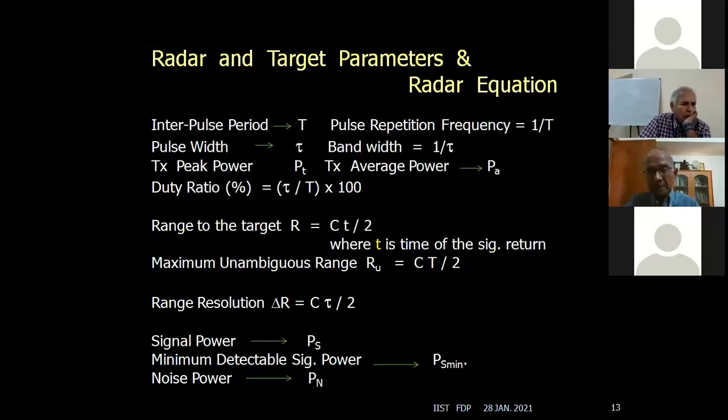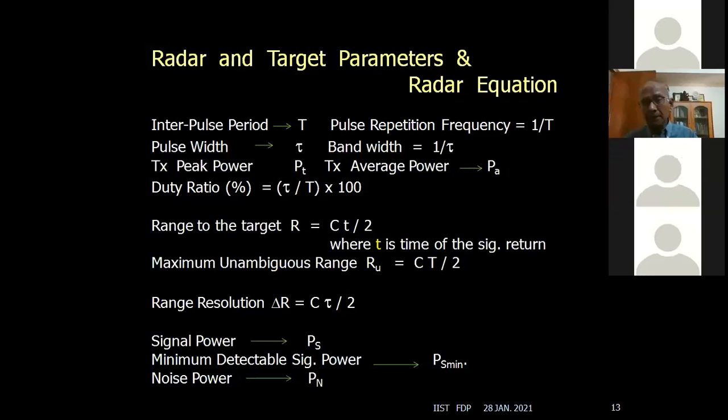There will be a sequence of pulses that you will be sending, and the target will occur after each pulse at a given range. On the oscilloscope you will see it at a fixed range. But if it goes beyond the interpulse time T, there is an ambiguity because it will come after the second pulse, after another small time.